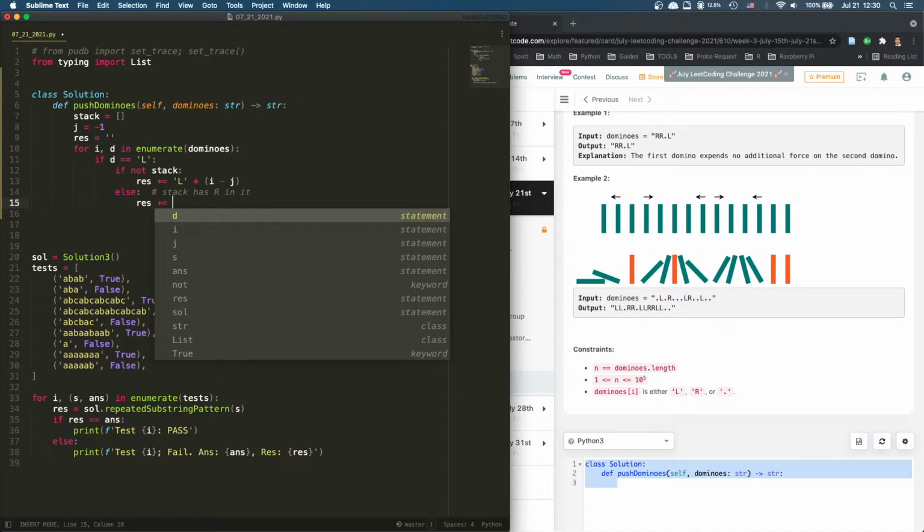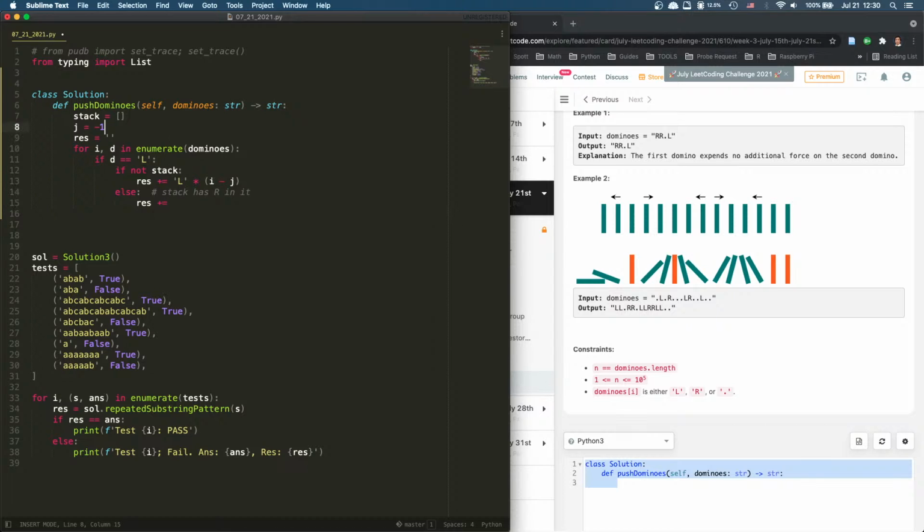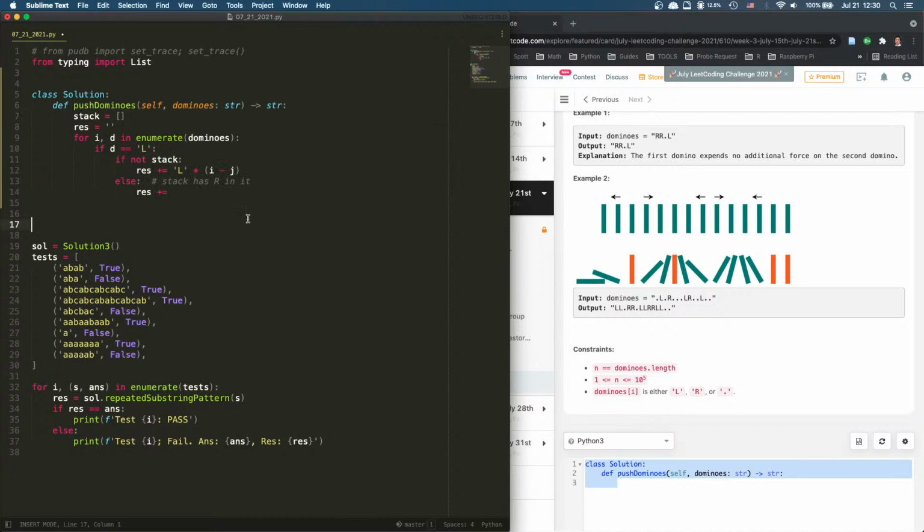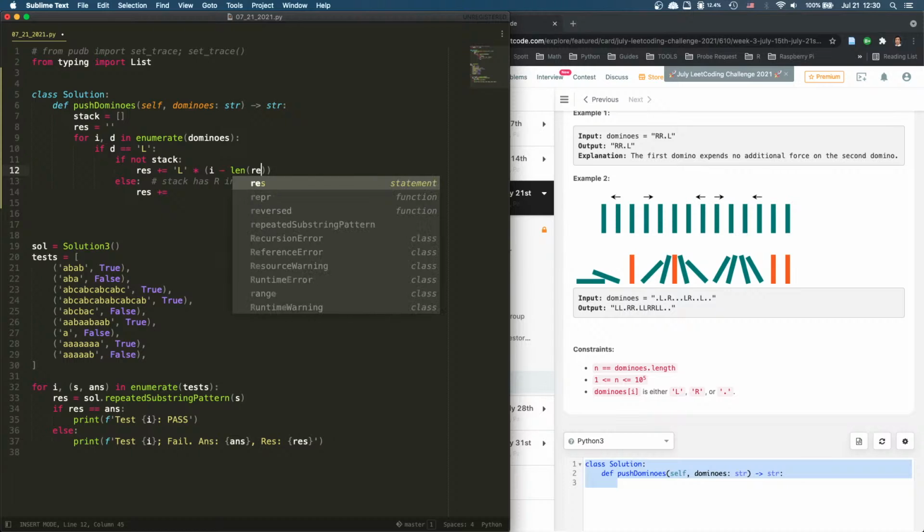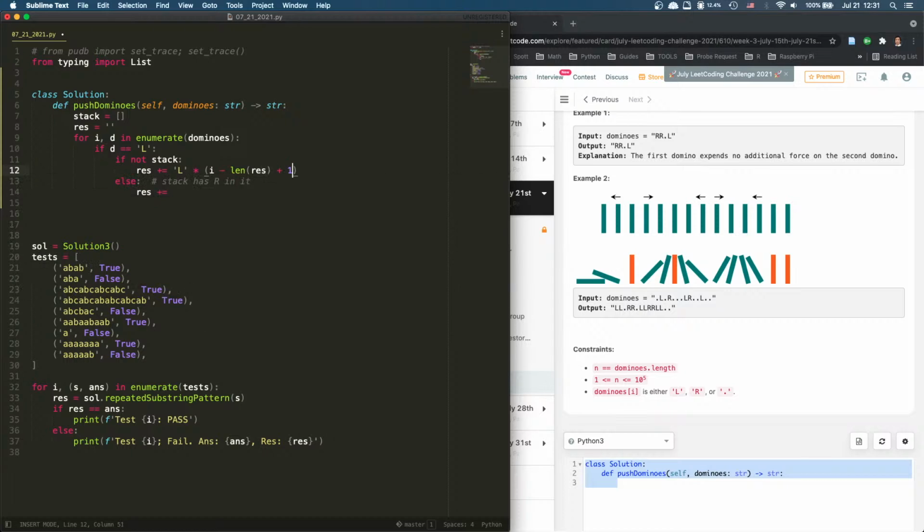The current index, the end of rest. At the end of rest, we don't need j, honestly. We just need the length of rest. Yeah, I don't think j is necessary. We can use len rest, right? So i minus len rest plus 1, right?